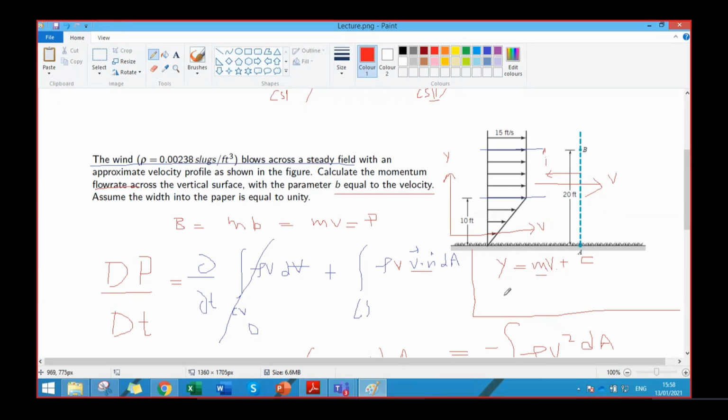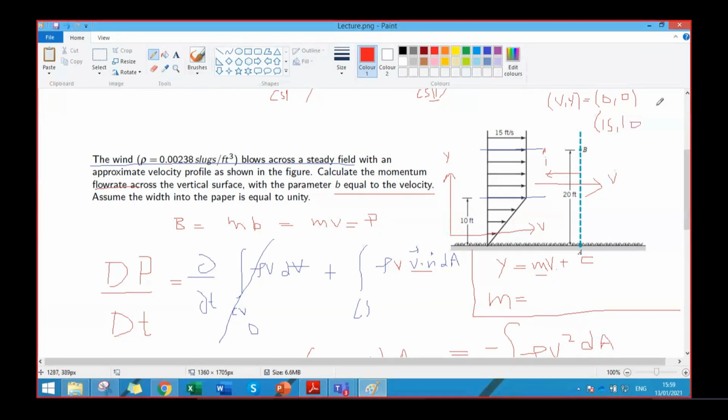Can we calculate this m? Anyone? I'm writing the coordinates as v comma y, because v is the horizontal axis and y is the vertical axis. The first point is 0, 0: at y equals 0, v is 0. The second point is 15, 10: v is 15, y is 10.